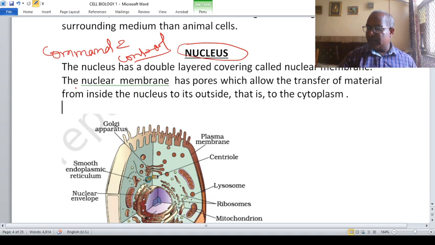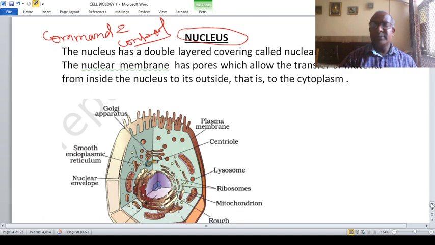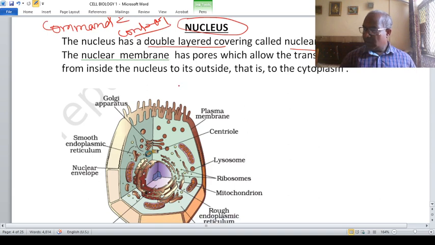Now this nucleus has a double layer membrane on the outer side. There is a double layer covering, and this is called the nuclear membrane. This nuclear membrane has pores.